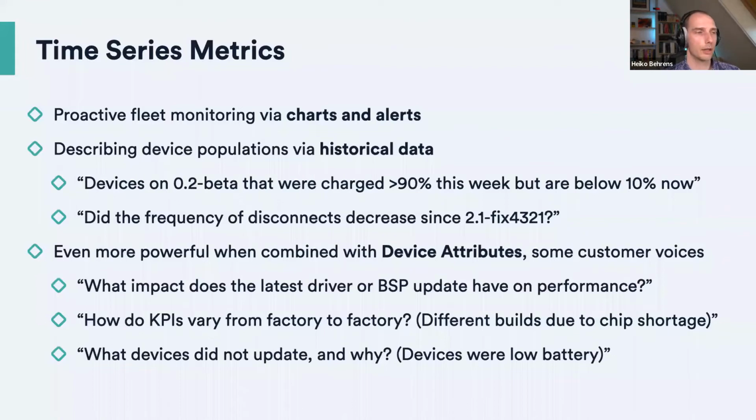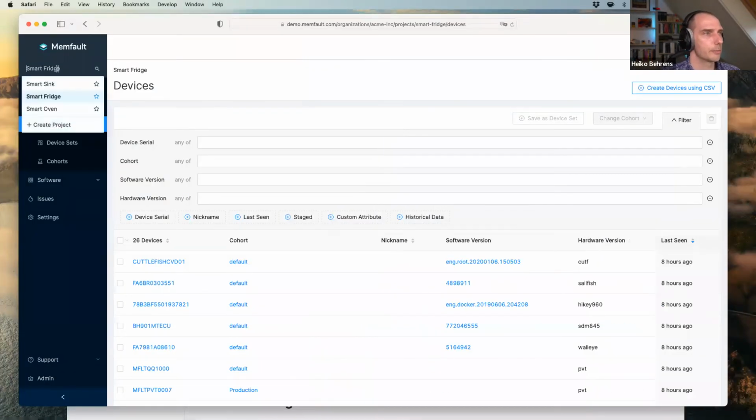You end up with questions like, devices that were charged for more than 90% in the past week, basically, they have been fully charged and are now below 10, have a battery problem. Or you could also combine it with reboot reasons. You know what, let me actually do this particular example.